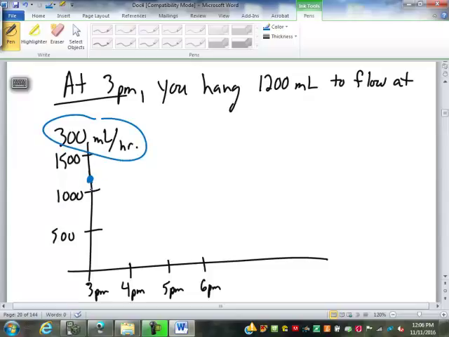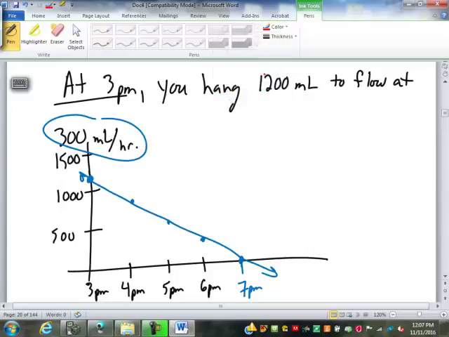So I go down 300 milliliters for every hour. So at 4 p.m. it's at 900, 5 p.m. it's at 600, 6 p.m. it's at 300, 7 p.m. it would be at 0. And there's my line. So that slope does have meaning.